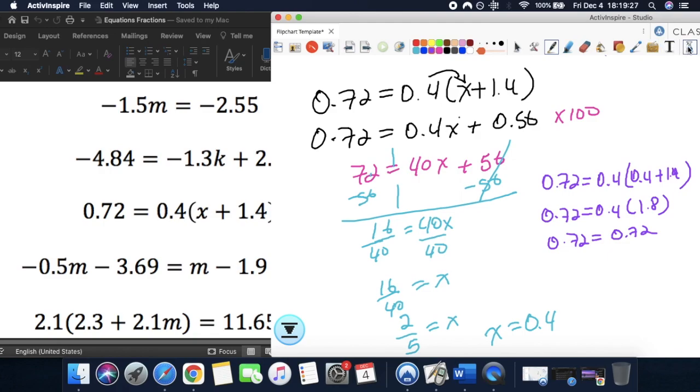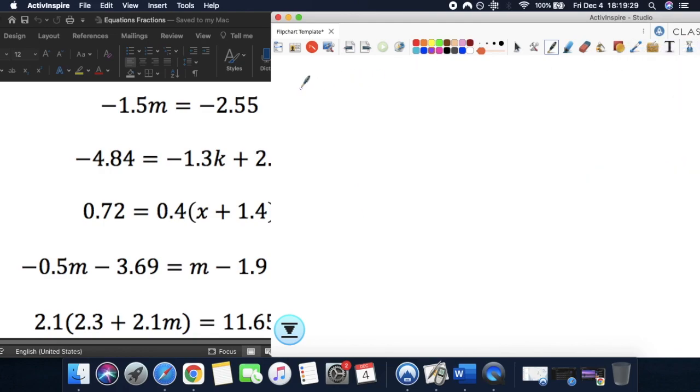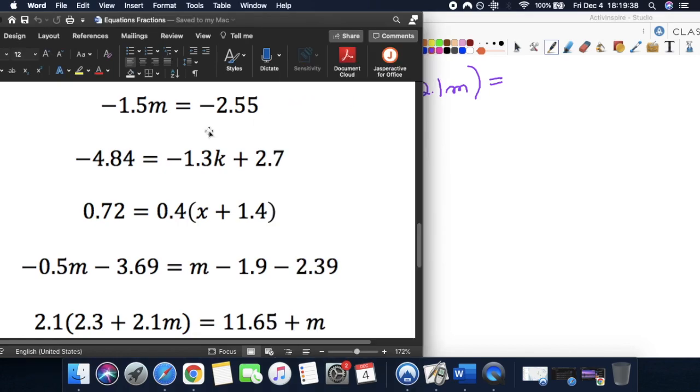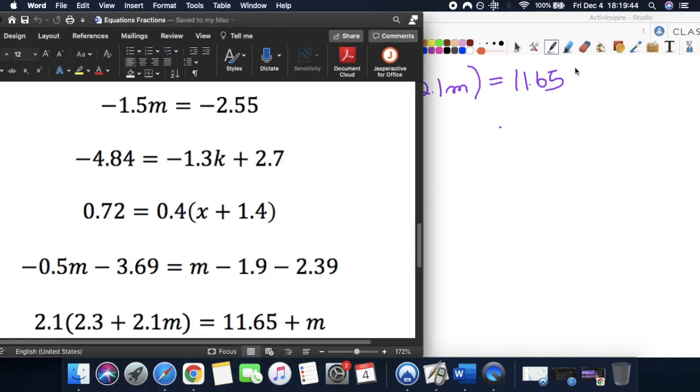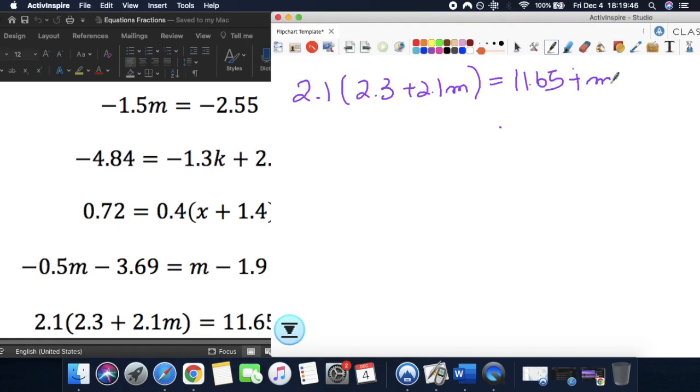Okay, and the last one, 2.1 times 2.3 plus 2.1m equals 11.65 plus m.